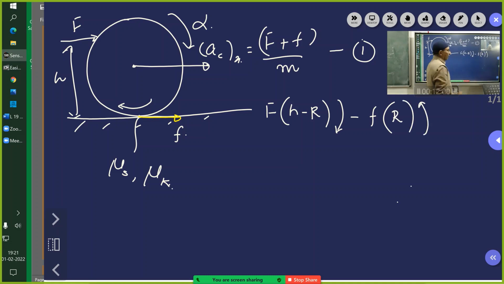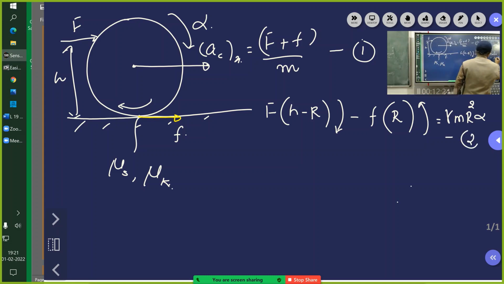This is the net torque, and it will be equal to the inertia, which is given as gamma m r squared, into alpha. That gives you the second equation, equation number 2.